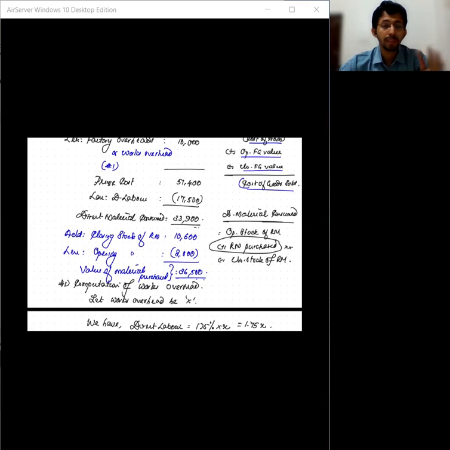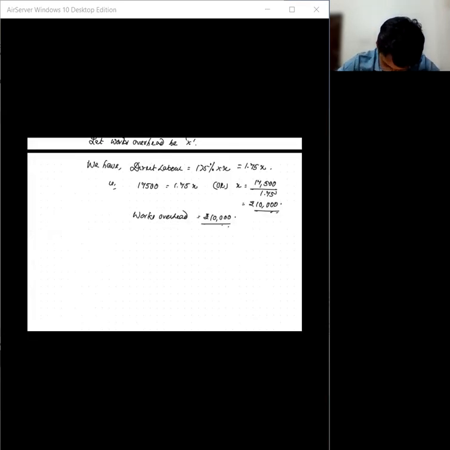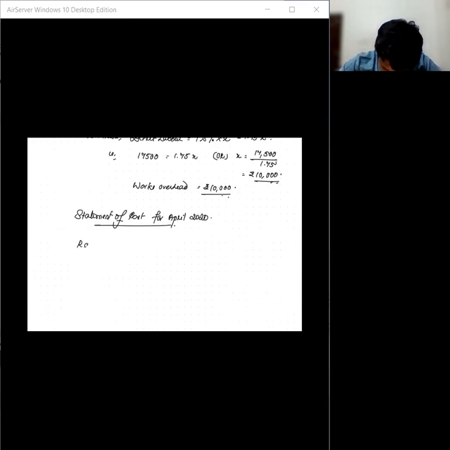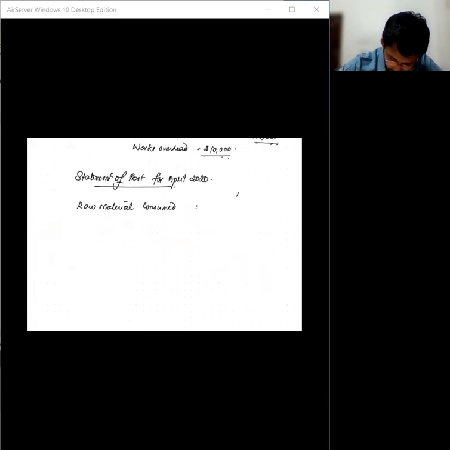So you got the value of material purchased. Now what do you have to do? You have to prepare the cost statement. That is the second part. Statement of cost for April 2020. Start with the material consumed. We have already computed raw material consumed to be 33,900.